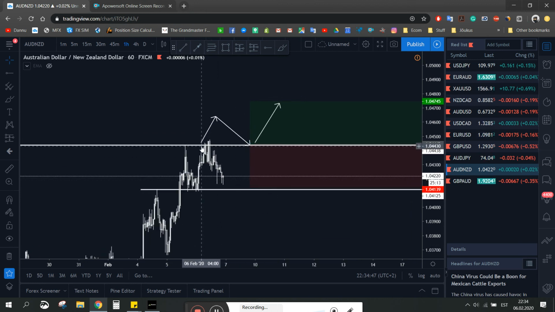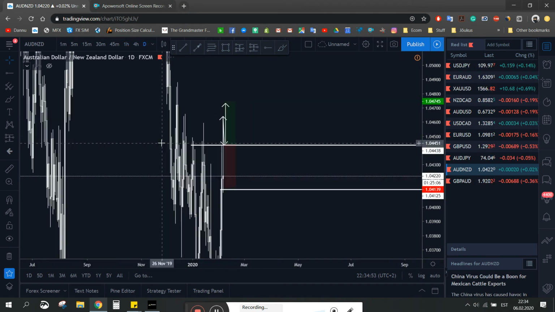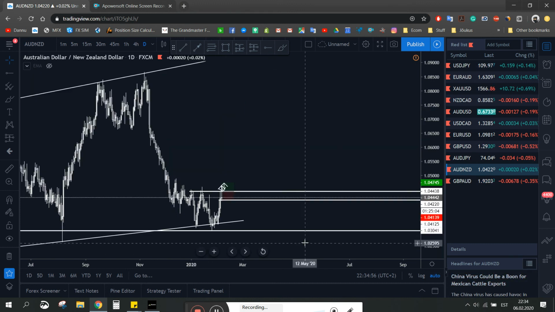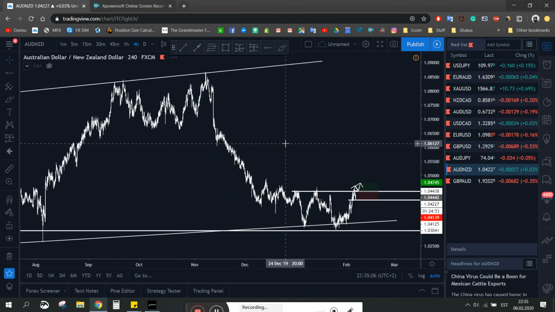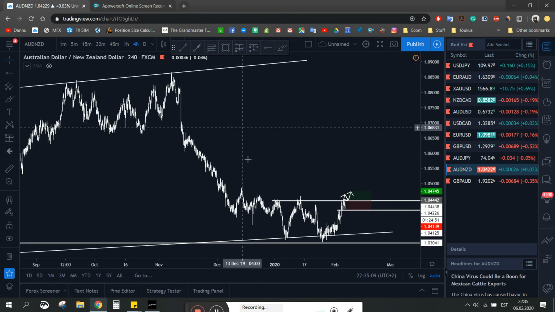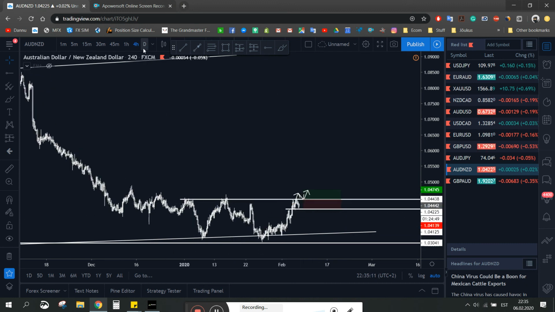I was thinking if it breaks this level. So okay, let's see, daily price is kind of in an upward channel, very weak channel. You can almost say it's ranging. Recently it's ranging here as well.